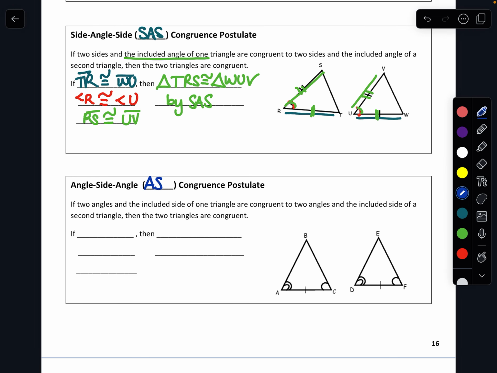Finally, the third one we're learning today is angle side angle. That one says if you've got two angles that are congruent with an included side.